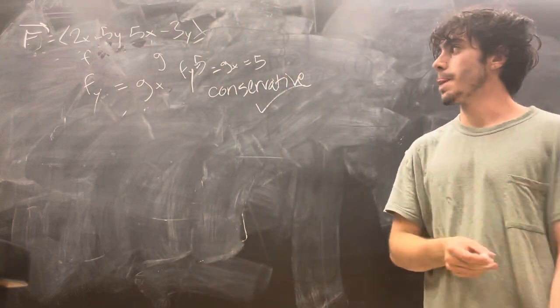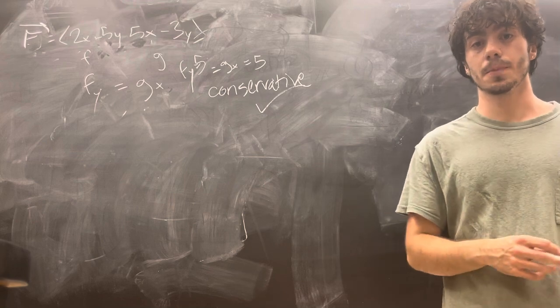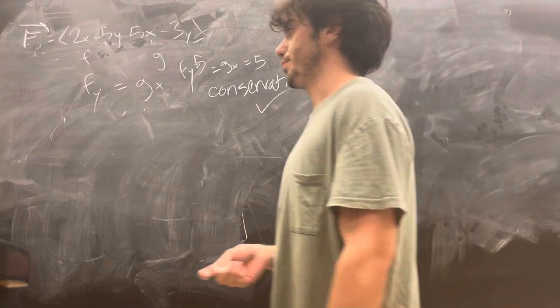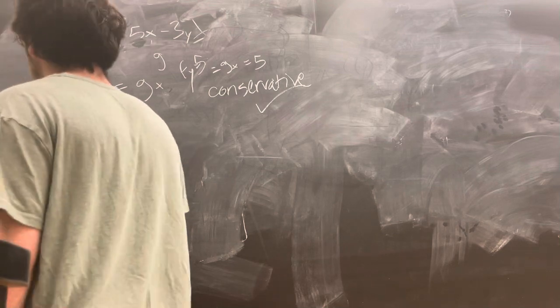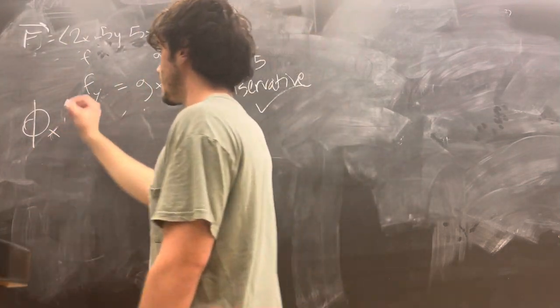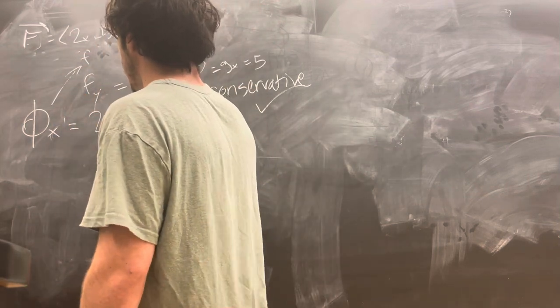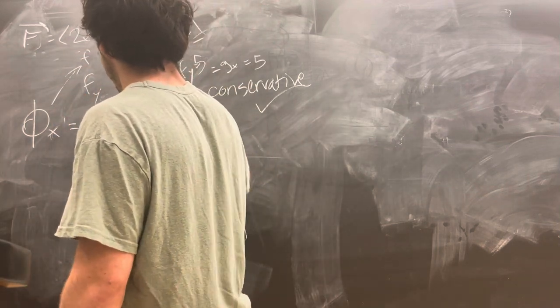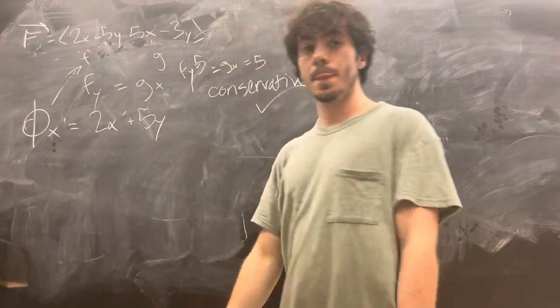So now that we've verified this and kind of reasoned through why it is actually true, we're going to go ahead and show how to find the potential function knowing that we have a conservative vector field. So we're going to start off with something that we know. We know that phi with respect to x, our potential function with respect to x, is equal to this first component f. So we can write it out like so. Phi with respect to x is equal to 2x plus 5y.